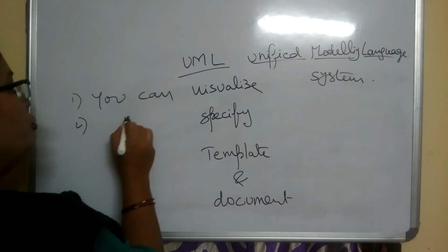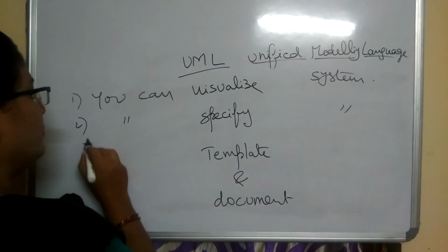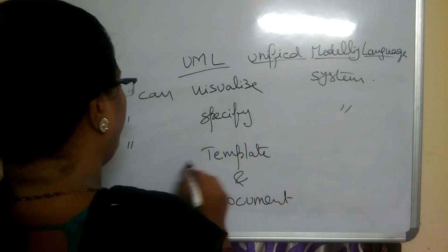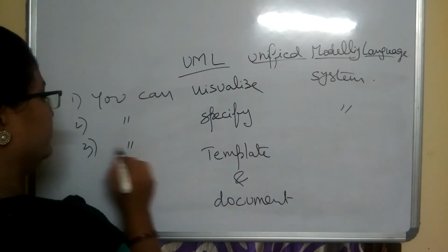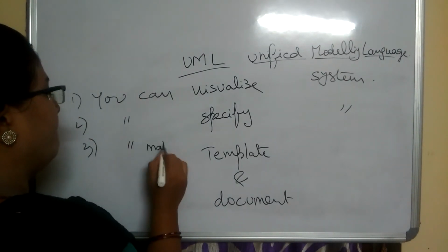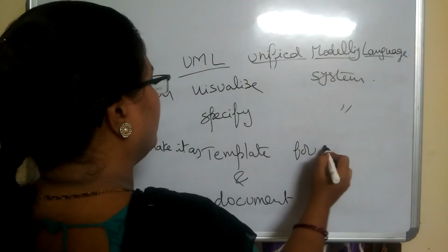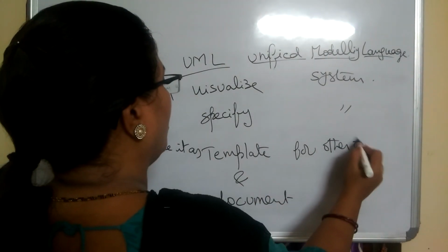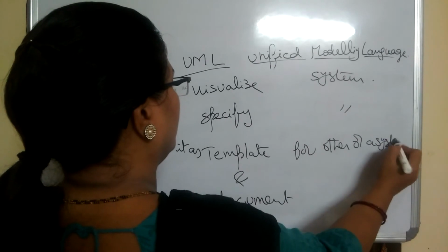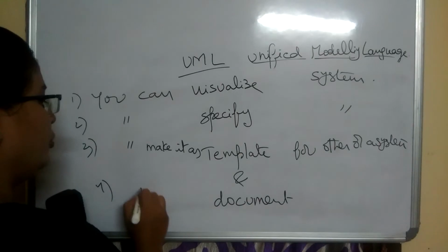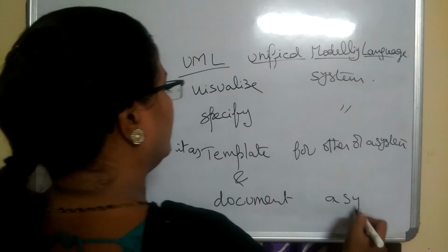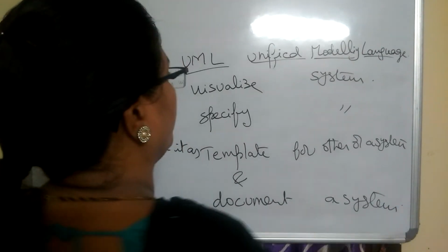Number two, you can specify the system. You can make it a template. You can make it as a template for others or a system. And the fourth one, you can document a development of the system.